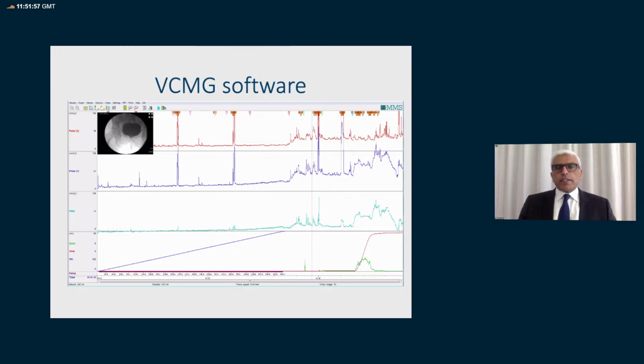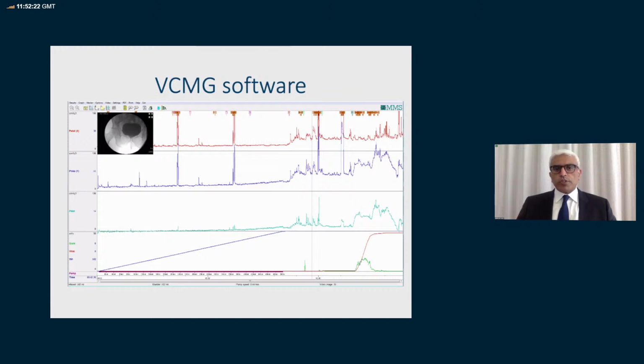One of the very important things, and I think we need to be aware when buying the VCMG kit, is that the software is very important. What I've demonstrated here is that you want the video images to marry with the tracing. This is so important for reviewing the traces later on, especially in a multidisciplinary meeting.